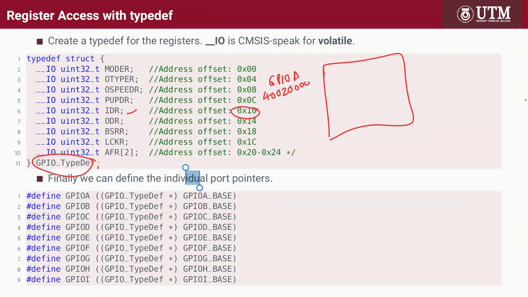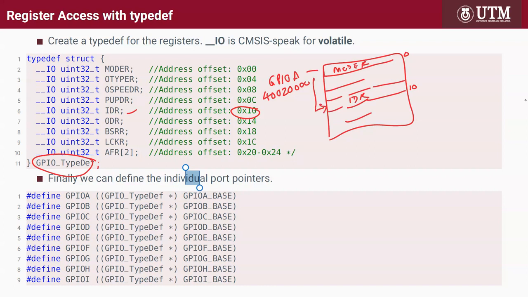Then all the rest will be the structure members. So within the structure, I have what are first, offset of 0. Then let's say I want to zoom into IDR somewhere down here, offset of 10. So GPIOA here, going here.